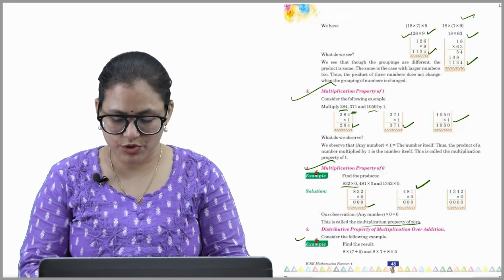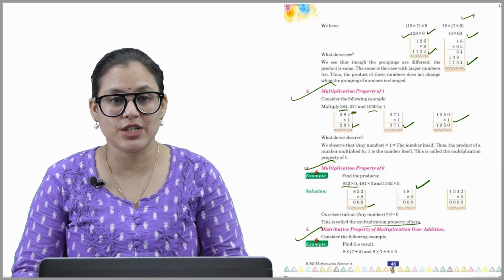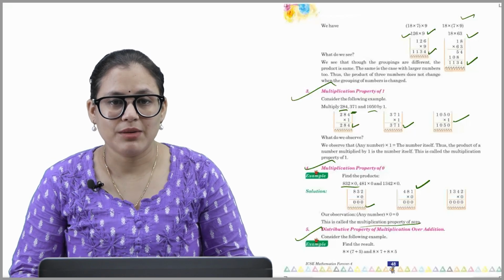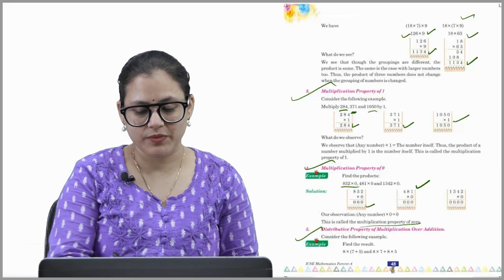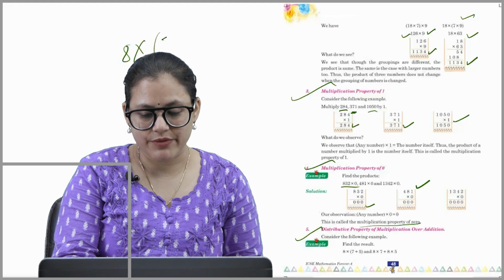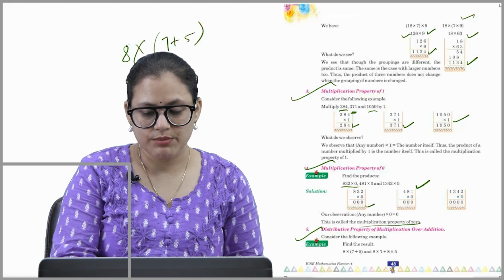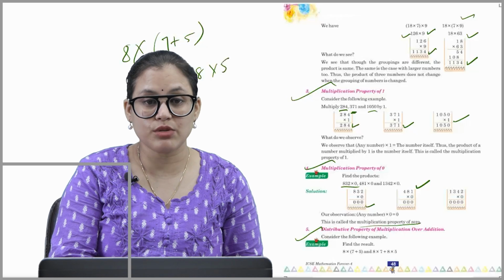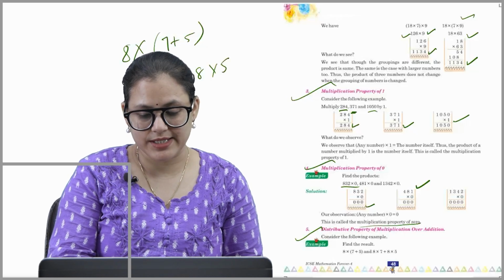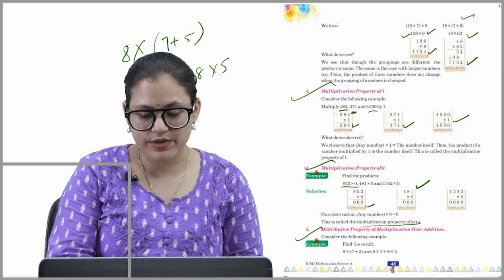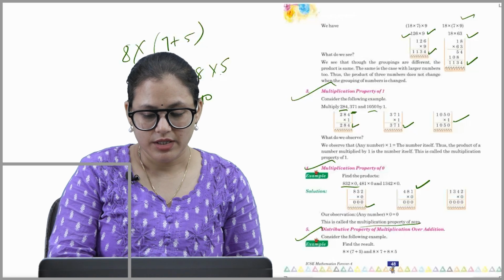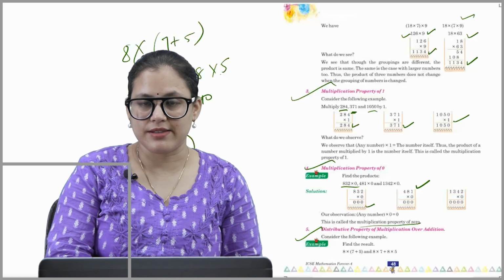Number 5, distributive property of multiplication over addition. Consider the following example, find the result, okay. 8 into (7 plus 5). So we will write it as 8 into 7 plus 8 into 5. 8 into 7 is 56 plus 8 into 5 is 40. 96 is the answer, okay.